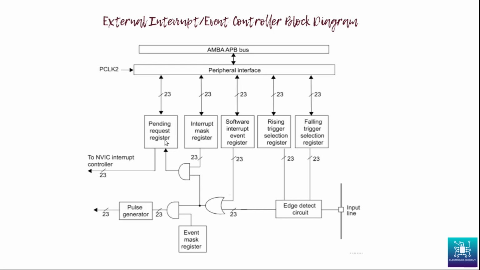The moment the pending request is raised, the interrupt goes into the NVIC and the interrupt gets serviced. If this interrupt mask register was not enabled for that particular interrupt, it would come up to this AND gate, but it will not pass through here. So this is one scenario. If the same interrupt was configured for a falling edge, this whole thing will happen for a falling edge. If it is configured for both the rising and falling edge, there will be 2 triggers, one on the rising and one on the falling edge for that particular pin.